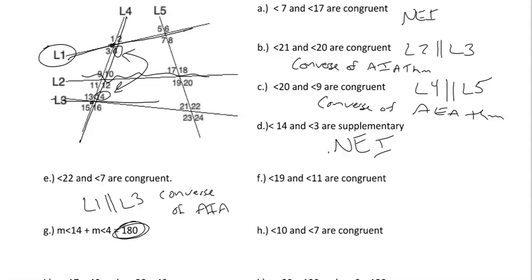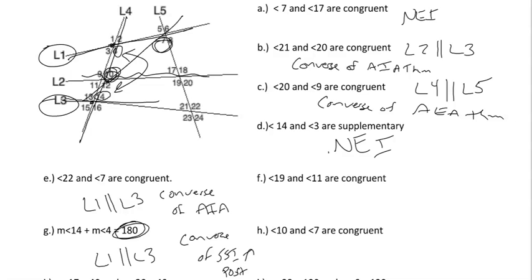Therefore, the two lines we were looking at, L1 is parallel to L3 by the converse of SSIA postulate. If you said theorem, I wouldn't take off. Okay. All right. Now, if it said like the next one, 10 and 7, 10 and 7 aren't even connected by a transversal. So this one is just not enough information.